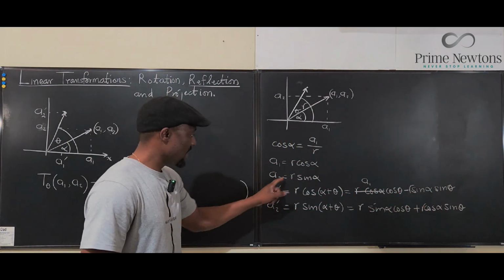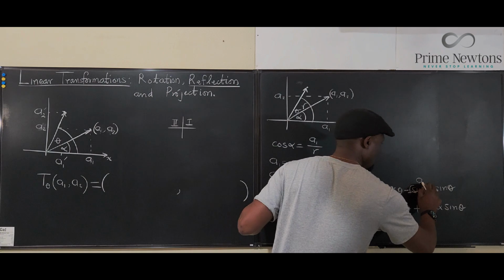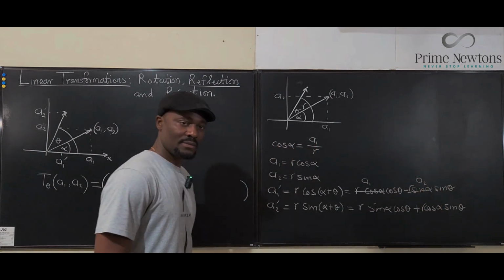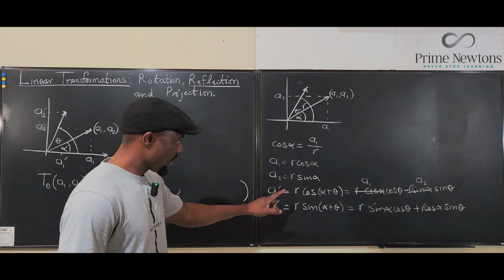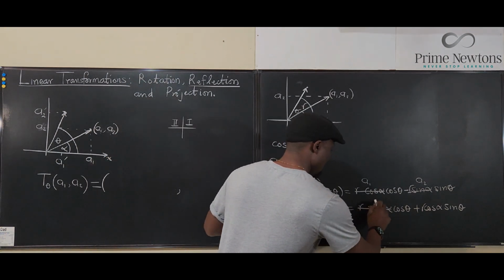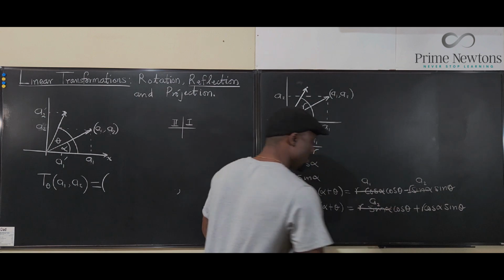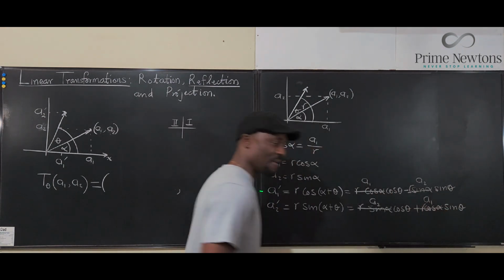R sine alpha is A sub 2. I can strike this out and write A sub 2. And R sine alpha is still A sub 2. Take it out. A sub 2. And this is A sub 1.